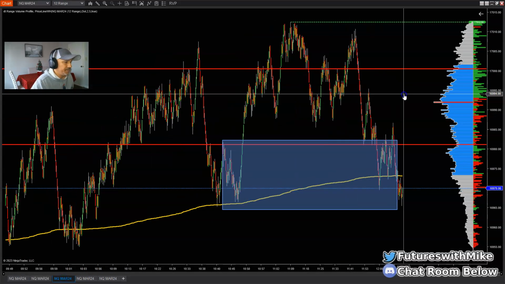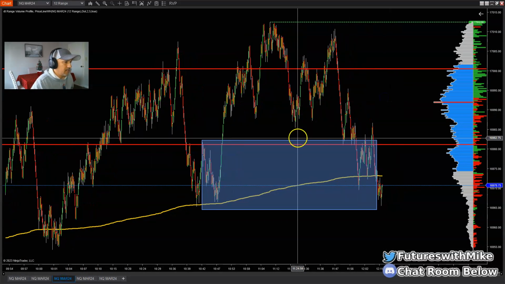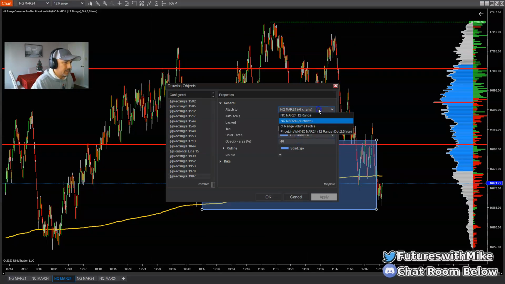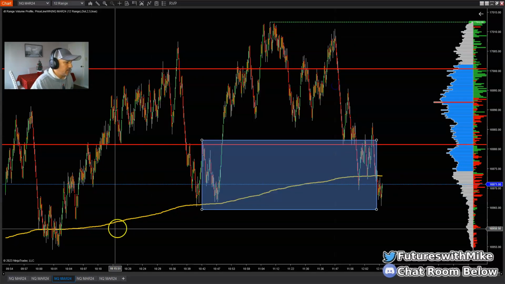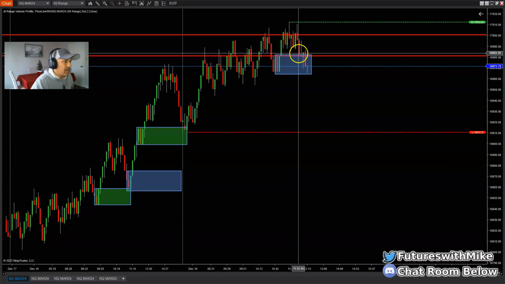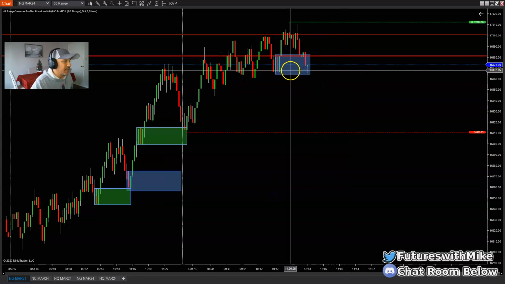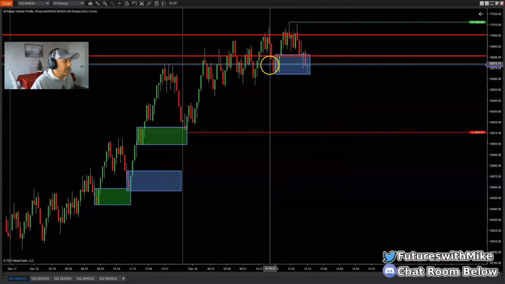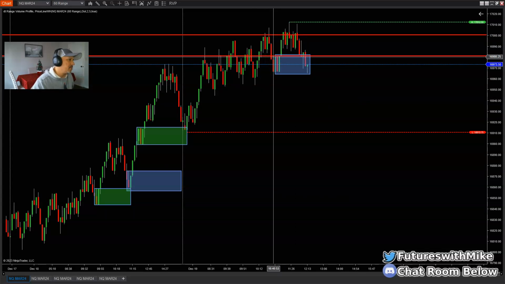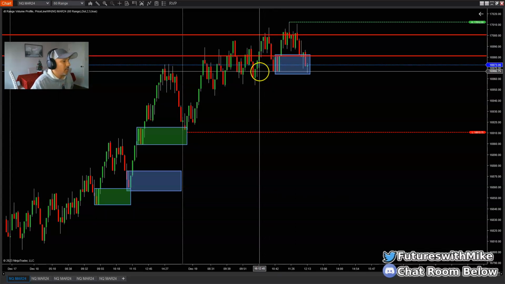This is on the higher time frame. This zone here that I had marked, it looks like it's trying to break this area. Pay attention to one thing when you're looking at your higher time frame or your lower time frame.